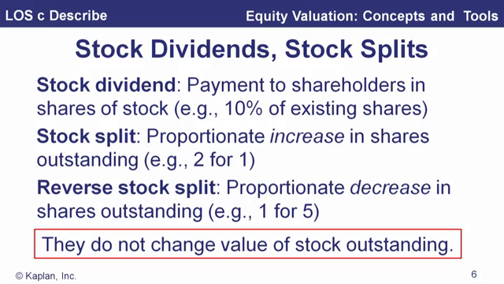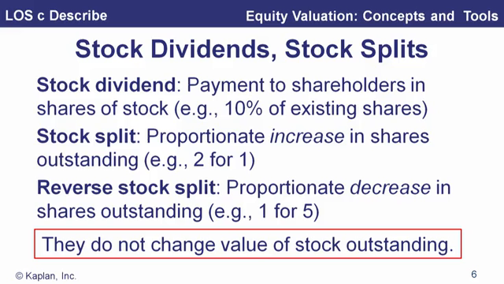Here our example, if we have a 2-for-1 stock split, if you have 100 shares, you'll get another 100, so that'll increase your holdings. A reverse stock split, on the other hand, reduces the number of shares that each investor holds. So with a reverse 1-for-5 stock split, your 100 old shares would turn into 20 new shares.